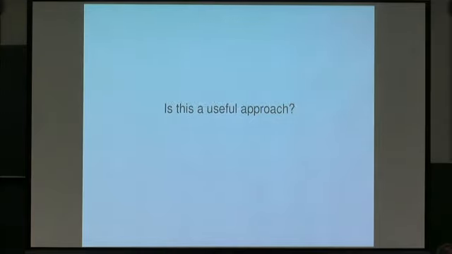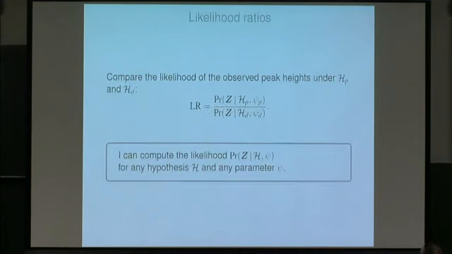So, can I actually address the questions that I want? Yes. I can compute the likelihood, so the likelihood of seeing this EPG given any hypothesis and any set of parameters. Therefore, for any two hypotheses you give me, of course, I can also compute the likelihood ratio.